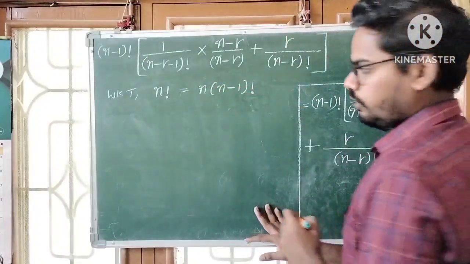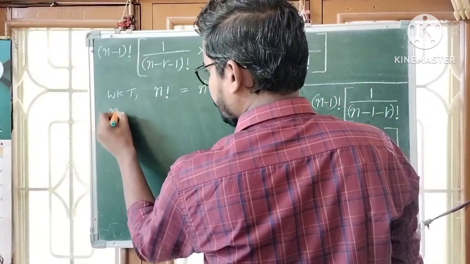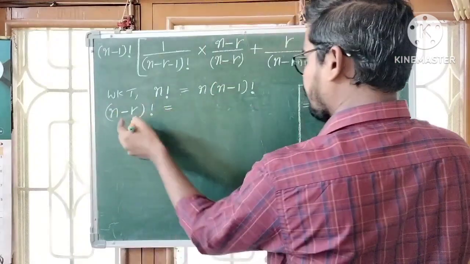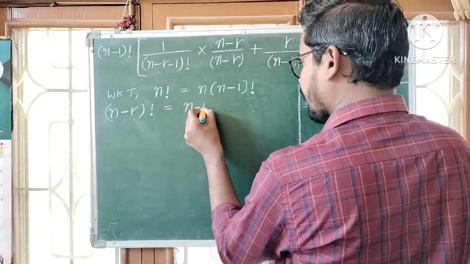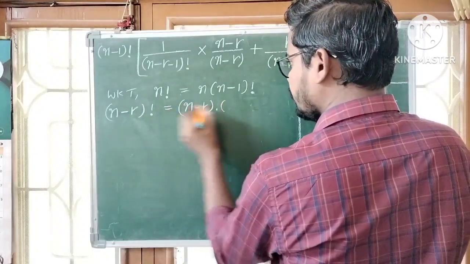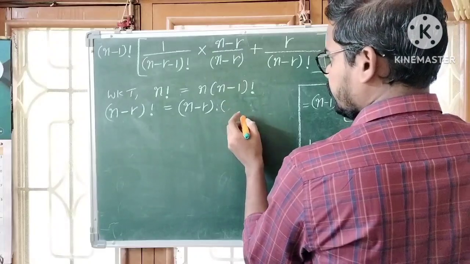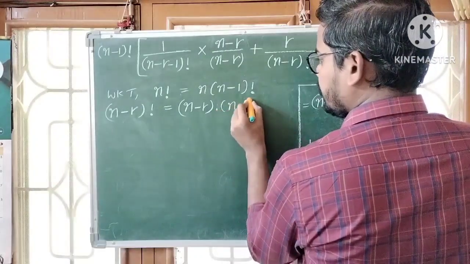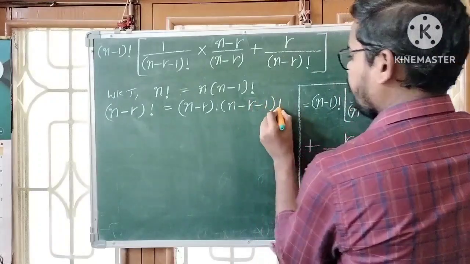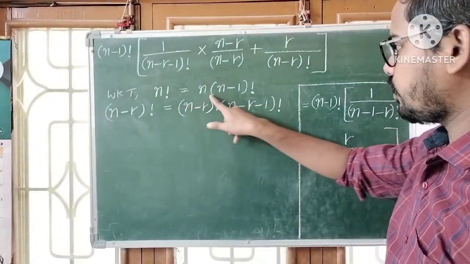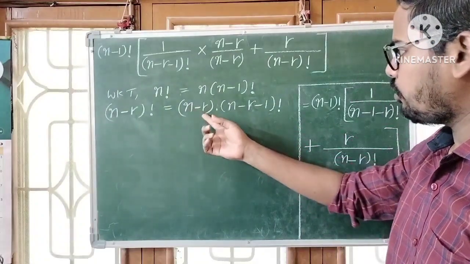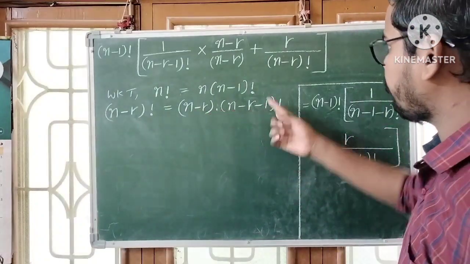Similarly, n minus r factorial can be written as n minus r into n minus r minus 1 factorial.